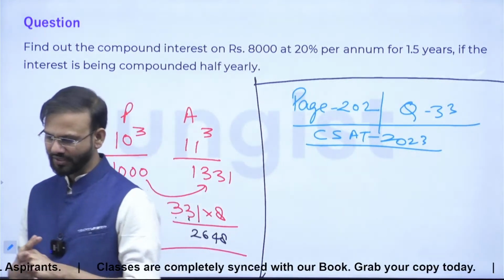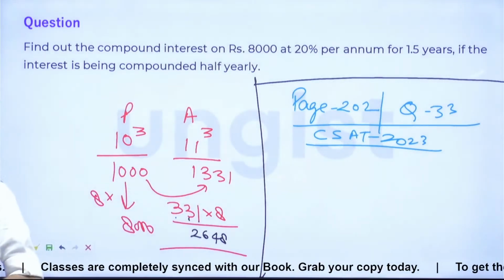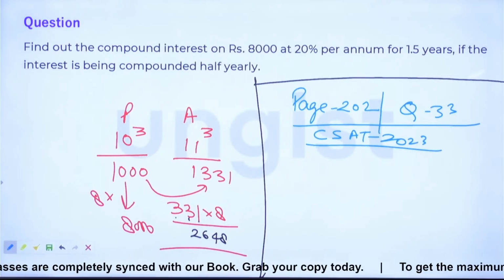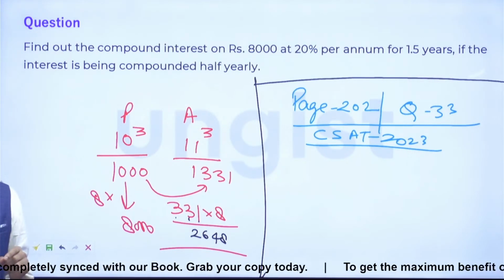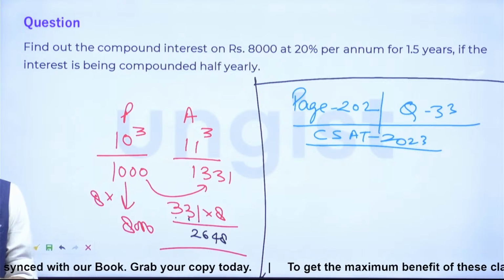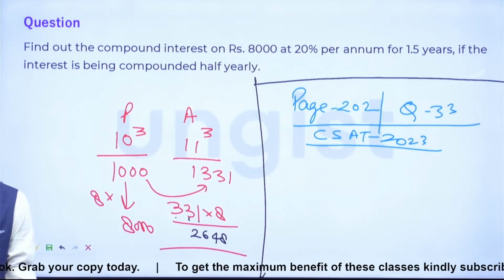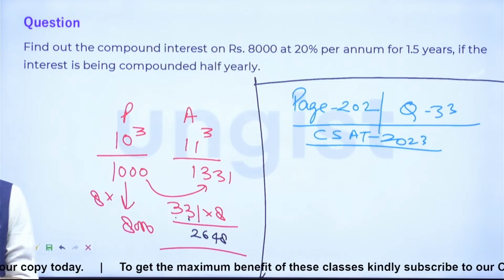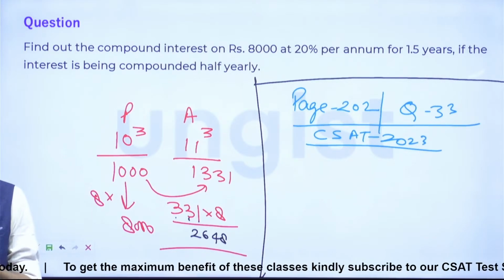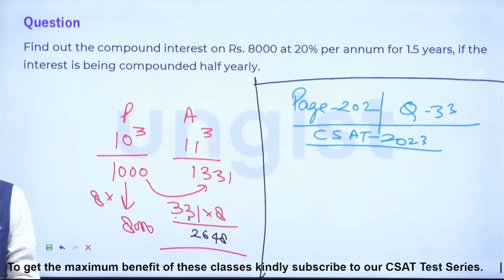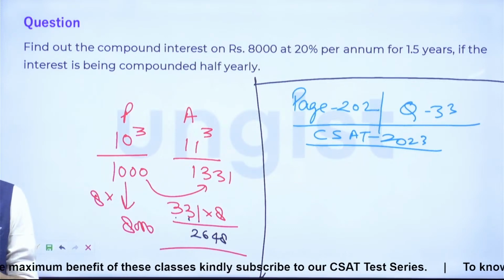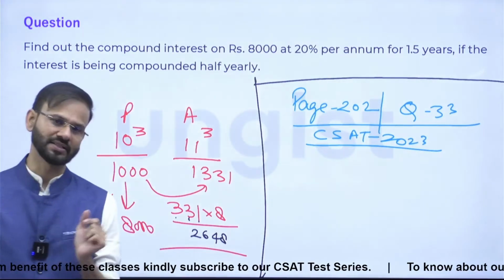Friends, the question says a principal P becomes Q in 1 year when compounded half yearly with R% rate of interest. If the same principal becomes Q in 1 year when compounded annually with S% rate of interest, then what is the relationship between R and S?